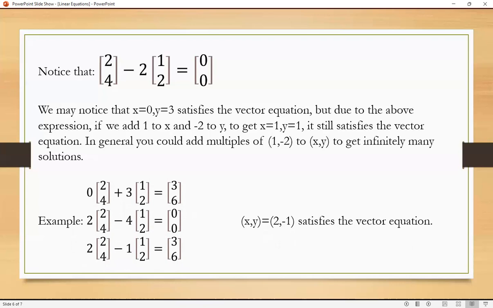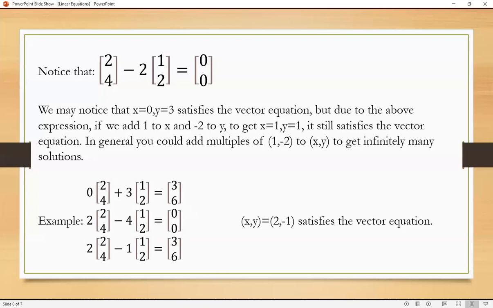Now, we can simply add these two equations to get 2 times the vector 2, 4 minus 1 times the vector 1, 2 equals the vector 3, 6. So, 2 comma minus 1 also satisfies the vector equation and hence is a solution. So by adding multiples of 1 comma minus 2, you can generate infinitely many solutions, which is why this set of equations 2x plus y equal to 3 and 4x plus 2y equal to 6 actually has infinitely many solutions.